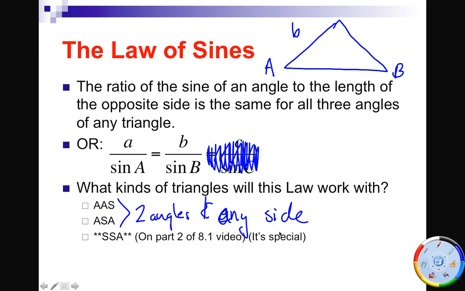We call it the ambiguous case because it doesn't always tell us right away what's going on. Sometimes it creates 0 triangles, 1 triangle, or 2 triangles, and that's kind of obnoxious. But that's going to be the second part of the video coming up later. Right now, we're just going to be dealing with the AAS and the ASA versions and solving the triangle.